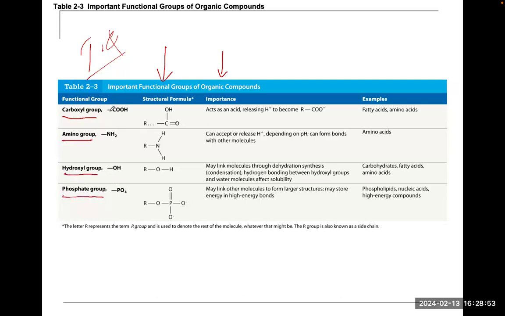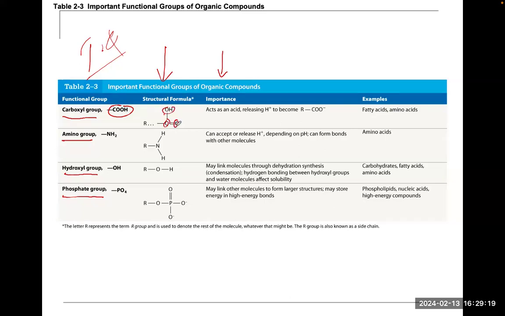So get very comfortable in recognizing that a carboxyl group has a side chain, whatever that may be, and then you have this, which is the functional group, COOH. Now, this is how it's drawn out linearly, but the structural formula will be COOH, right?